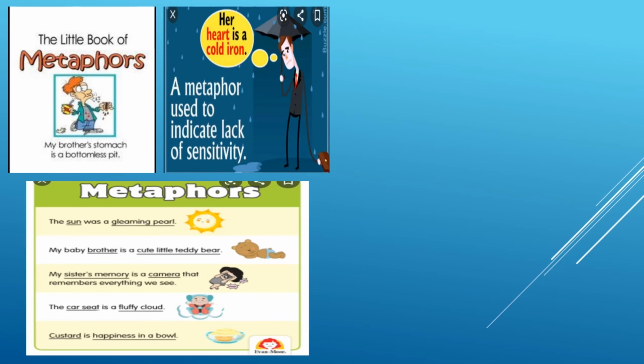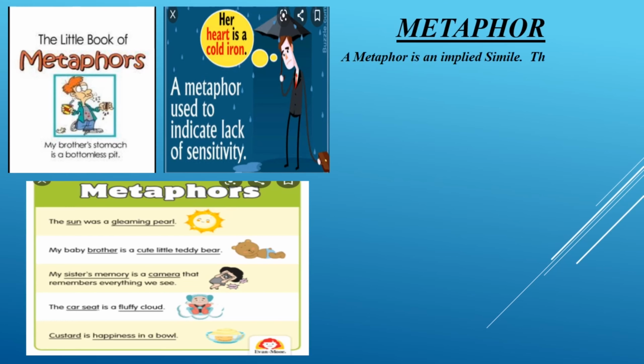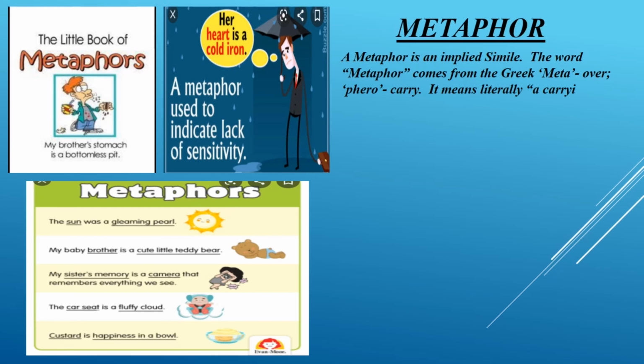The second figure of speech that we are going to discuss today is a metaphor. A metaphor is an implied simile. The word metaphor comes from the Greek meta, meaning over, and phero, meaning carry.